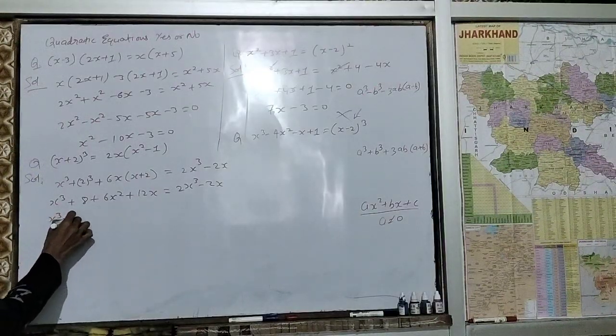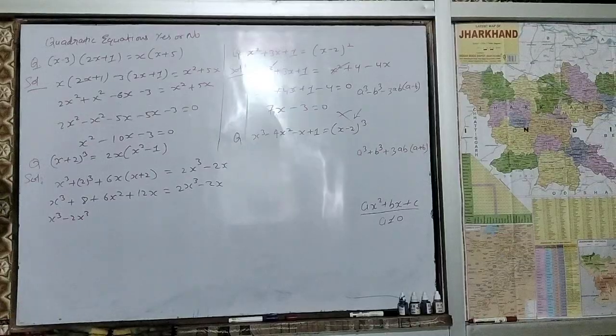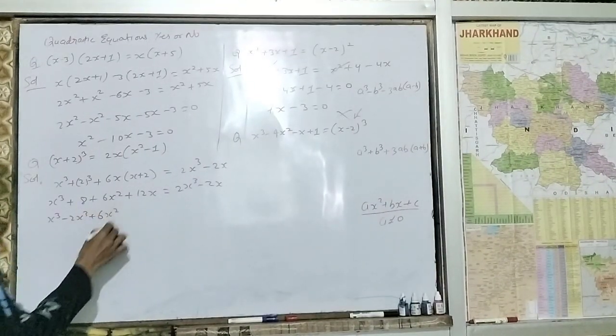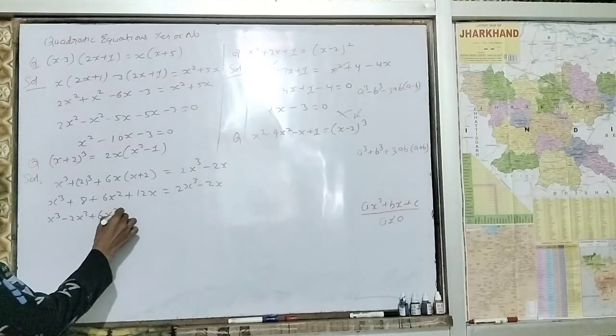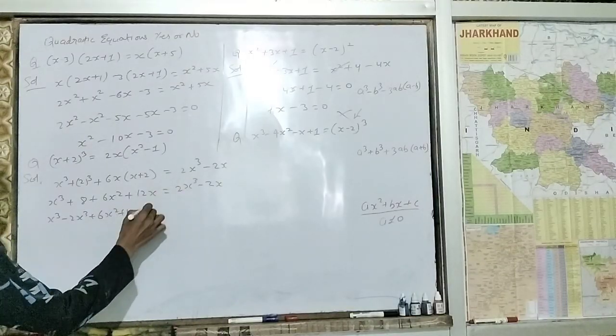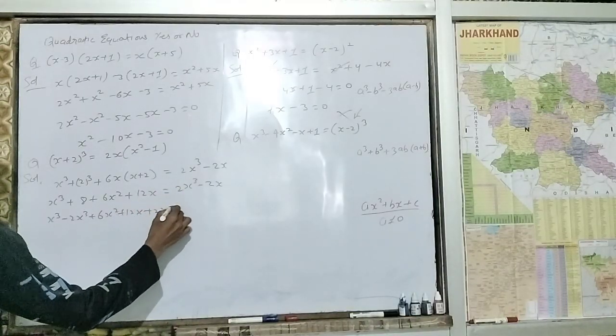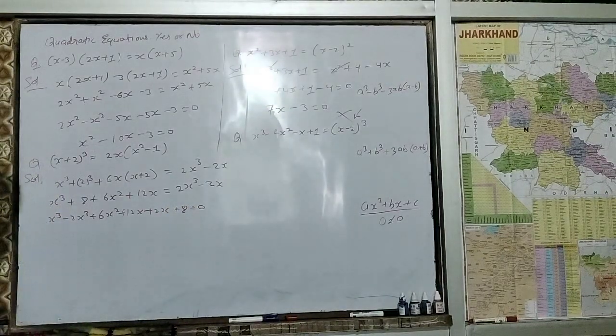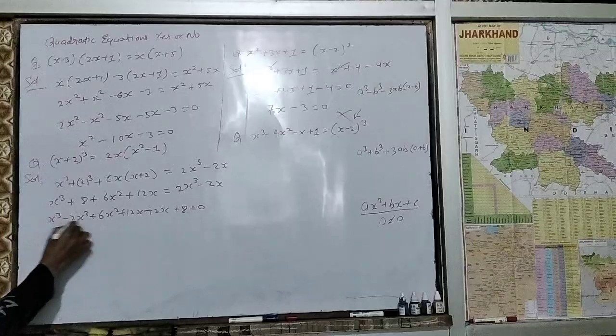x cube minus 2x raised to power 3 plus 6x square plus 12x plus 2x plus 8. This is equal to 0. Now let's simplify this.